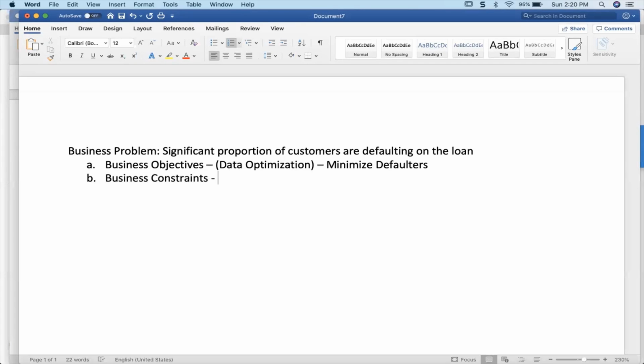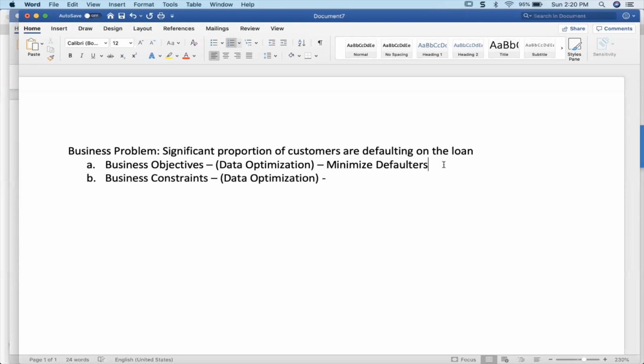Business objectives are clear. Then business constraints. Here also you need to ensure that data optimization terms are used to the extent possible. Let me ask you this. If you want to build a prediction model or a regression based model, which will classify whether a person will default on the loan or not, then what algorithm will you use?